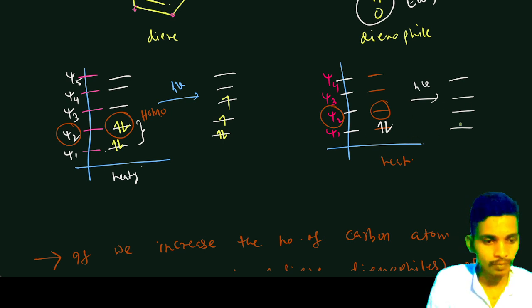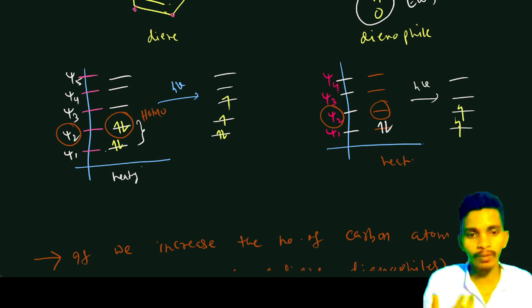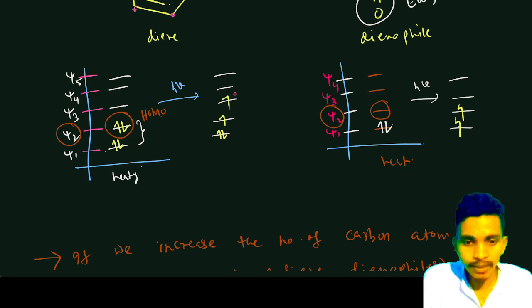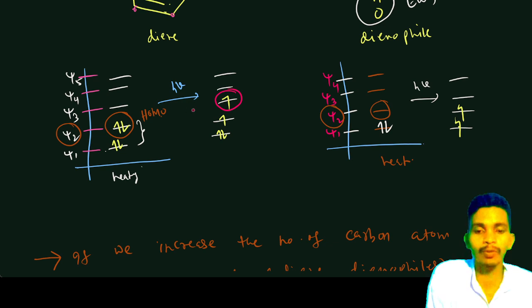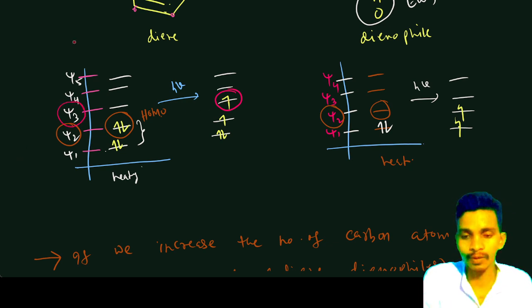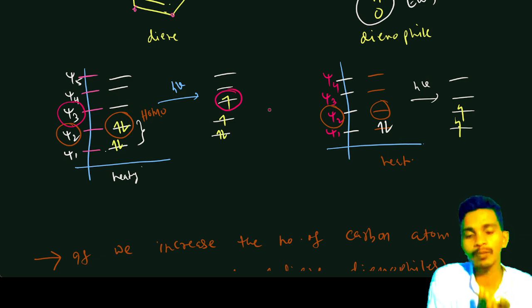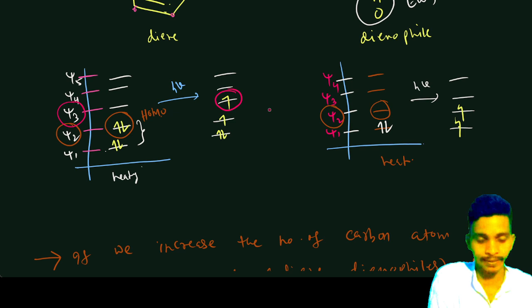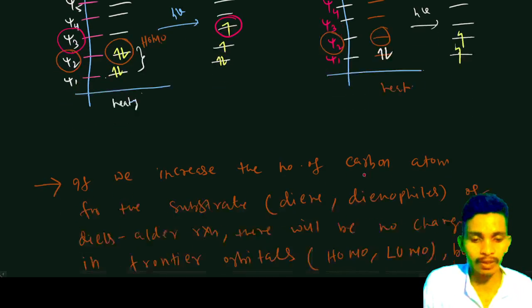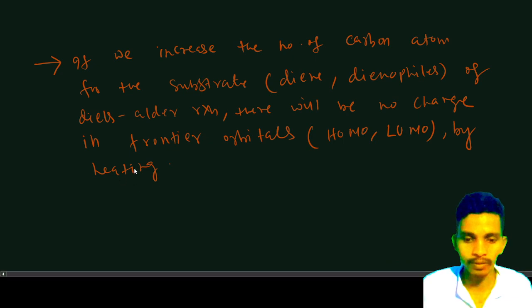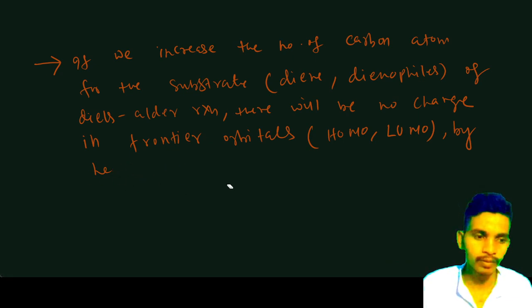So in this case, even if I increase the number of carbon atoms, here this becomes the HOMO. HOMO means highest occupied molecular orbital, so psi 3 becomes the HOMO. Same as before. It means that increasing the number of carbon atoms does not affect this, whether by heating or photochemical conditions.